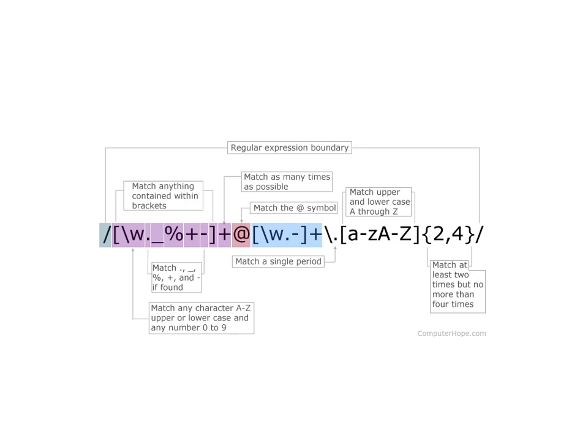Plus, so that's any number of these, at least 1. We have a period, backslash period. We know what that means: match a single period. And then at the end we have any letters, A through Z, lowercase or capital, between 2 and 4. So at least 2, no more than 4 times.